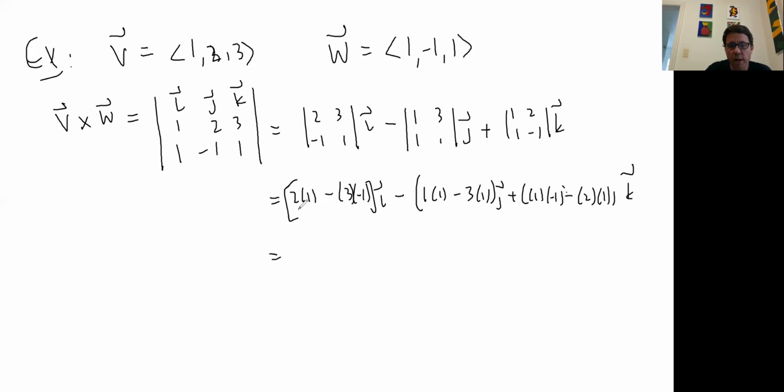So if I do this correctly, this should be 2 plus 3, so that's 5i, minus, this will work out to be 1 minus 3, so that's minus 2, so minus and minus 2 is plus 2j. And then this last one, minus 1 minus 2, so minus 3 in the k direction. And that will be v cross w. So you end up getting a vector.